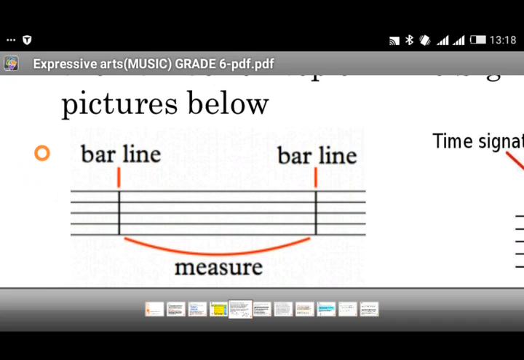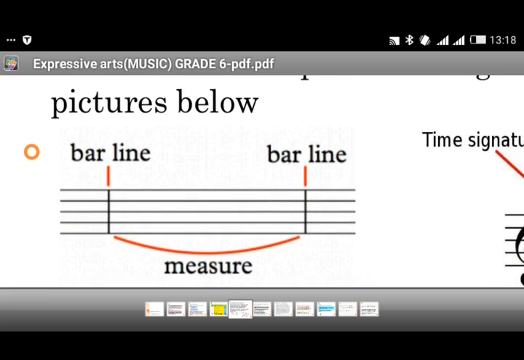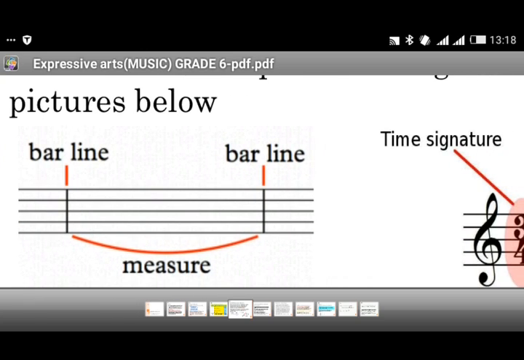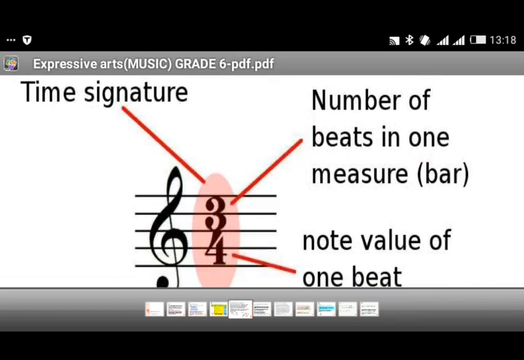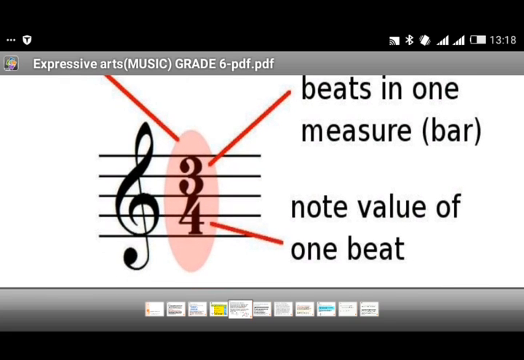So any space between bars is called a measure, and the number of beats under this measure is determined by the time signature, and you only use the top number of the time signature. What's a time signature? Here it is. Before you write any note, you need to consider what we call the time signature, the two numbers which are almost always found before you start writing on the staff, like this one.